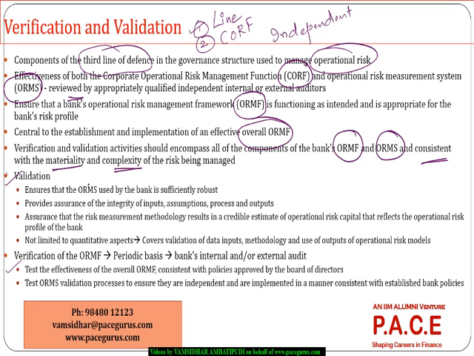In validation, the system that is used for operational risk management needs to be evaluated and assessed to see if it is robust enough, and whether all kinds of stress scenarios are taken care of as a part of the system.